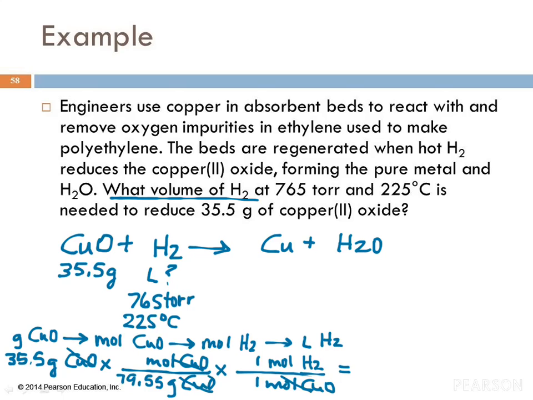Then I could plug that into PV equals nRT with the other information and find the volume. And that's what we have to do. So 35.5 divided by 79.55 times 1 over 1 gives us 0.44626 moles of hydrogen.